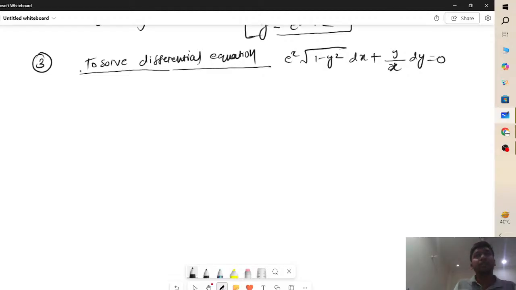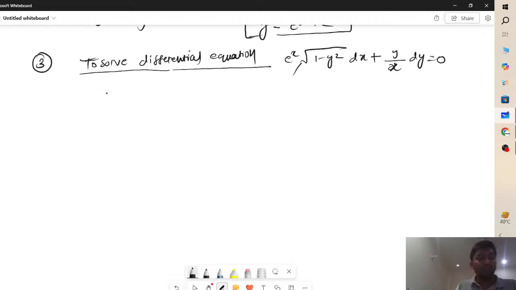Okay, I'm starting to solve the question. To solve the differential equation e raised to the power x under root 1 minus y squared dx plus y by x dy equals 0.